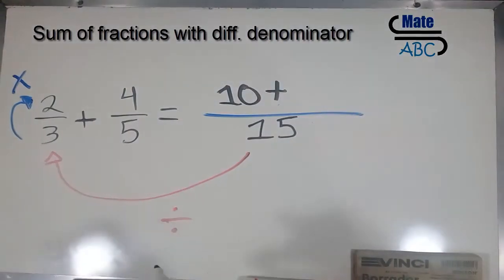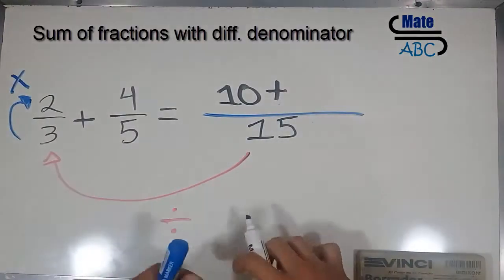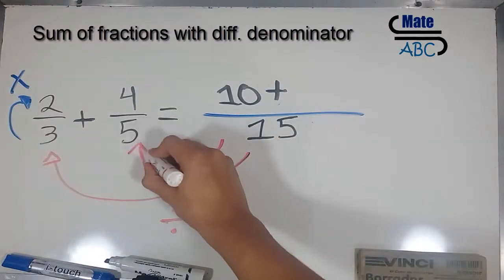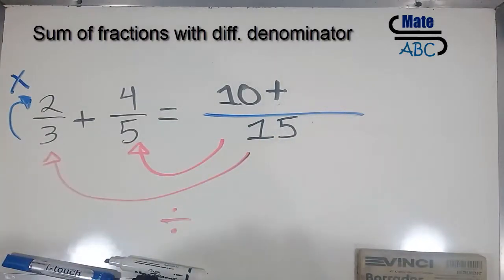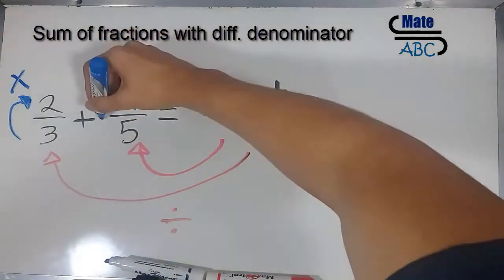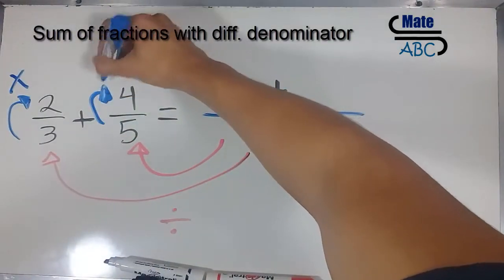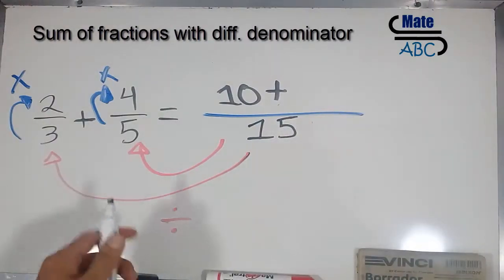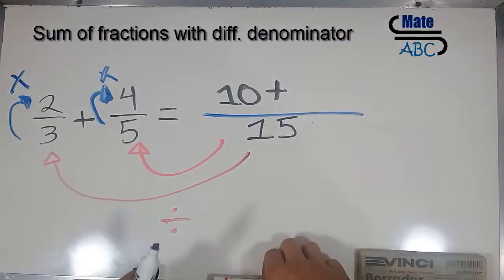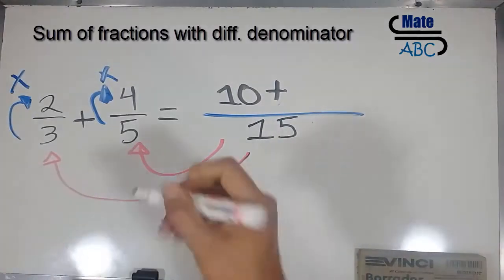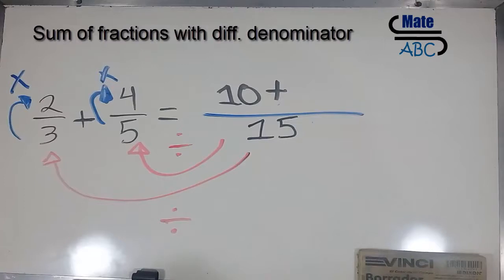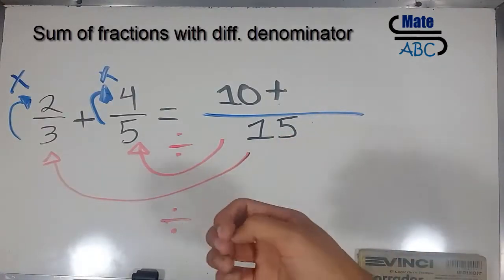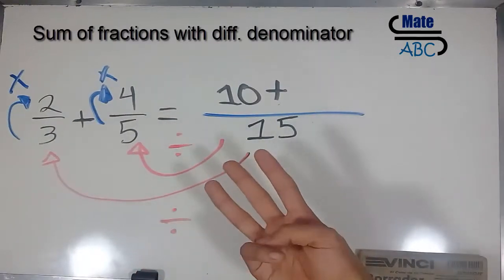plus we need to follow the same steps, so 15 over 5, and then this result will multiply by the numerator. So in this case is 15 divided by 5, so 15 divided by 5 is 3.